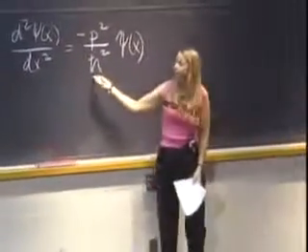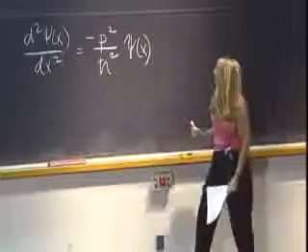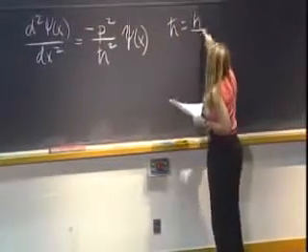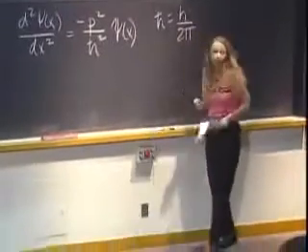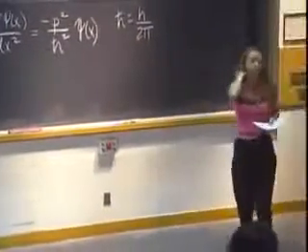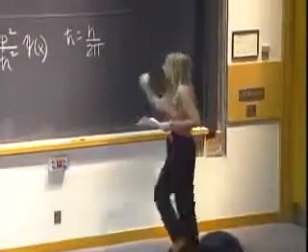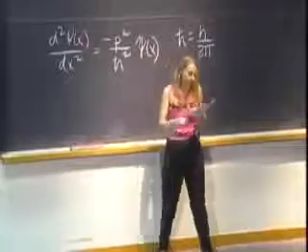Now, let me explain what h bar is. H bar is a shorthand way of writing h over 2 pi. If you don't know it already, you should know it. You're going to need it. That's h over 2 pi, so this is h bar squared.